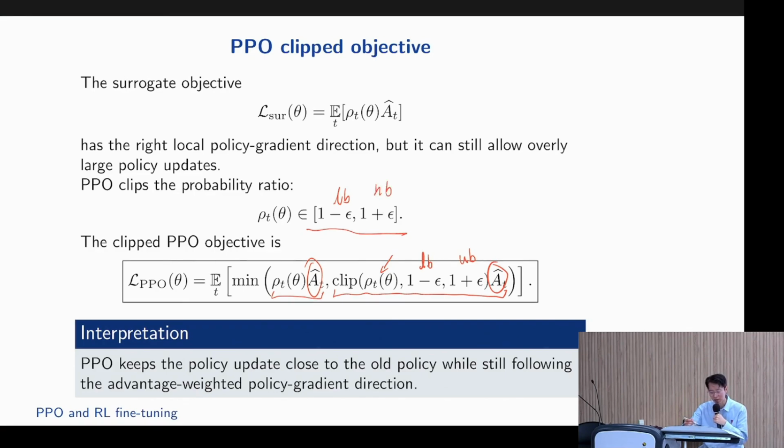If it's greater than 1 plus epsilon, you're going to fix it to 1 plus epsilon. So the interpretation is, it's good to have this calibration factor coming from the importance sampling ratio, but in practice, we clip it so it's numerically stable. It keeps the policy update close to the old policy while still following the advantage-weighted policy gradient direction.